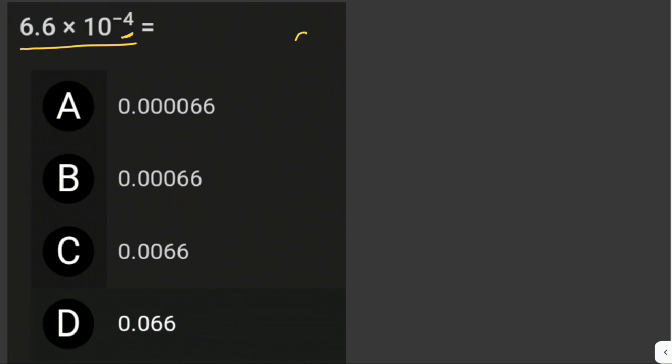So let's do that. 6.6 times 10 to the negative 4. So that would be 6.6. This is negative, so we move our decimal point to the left 4 places.